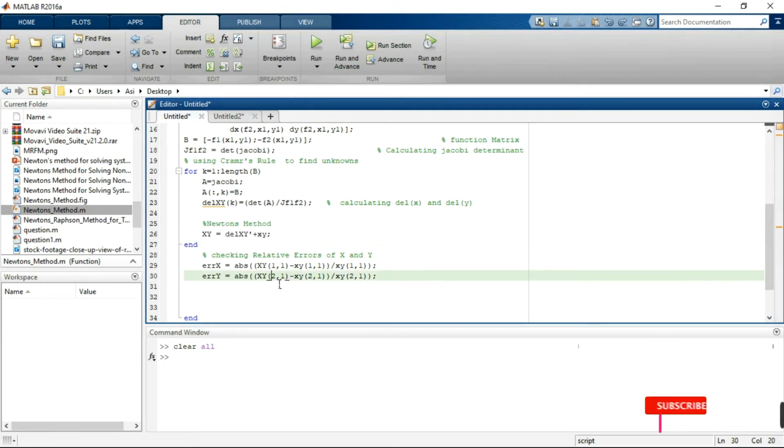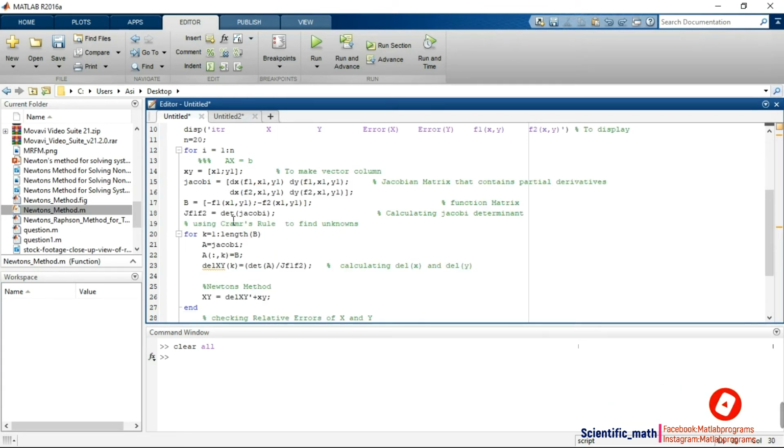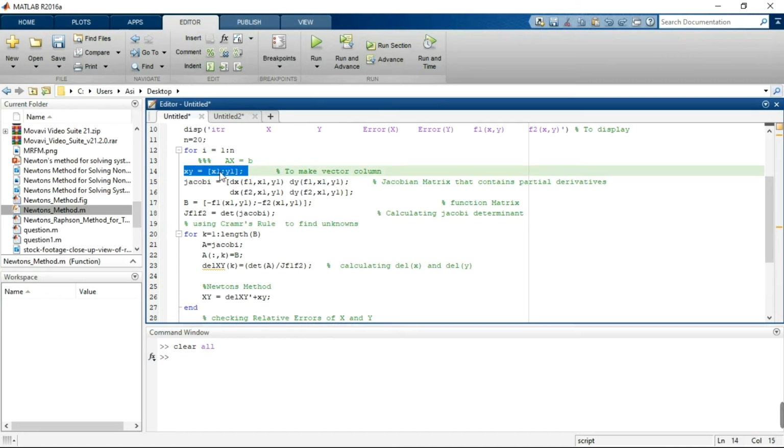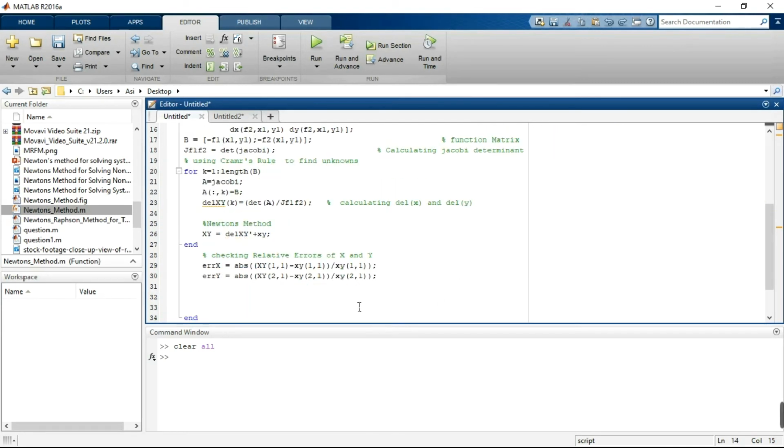This shows the second row and first column of this vector xy equal to x1 y1.